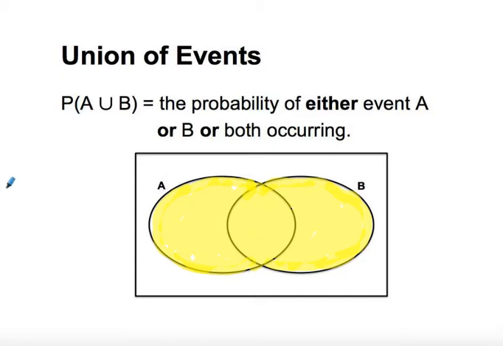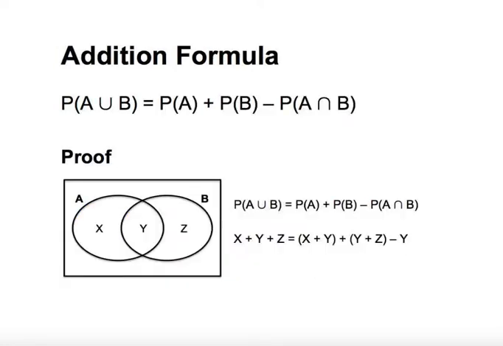Now this idea links neatly to our next little bit of theory, the addition formula. This is probably one of the most important formulas you're going to learn for S1, because this formula is like a magic formula in that it works in all cases when we're dealing with probabilities and calculating probabilities within set theory.